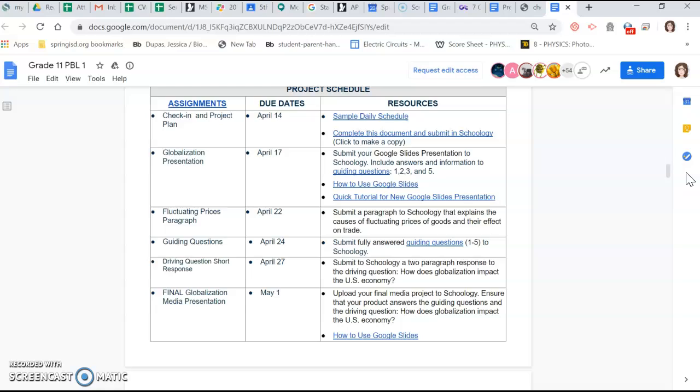You are going to be working this week on a paragraph for fluctuating prices and then completing your guided questions PowerPoint. Make sure that you're really planning ahead because next week you're going to write a two paragraph assignment that answers the driving question, how does globalization impact the US economy? And you are going to be preparing your final presentation.